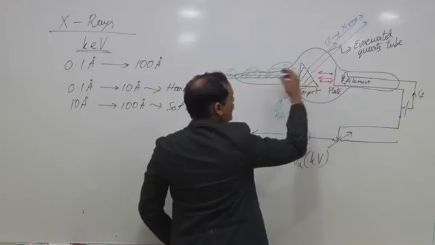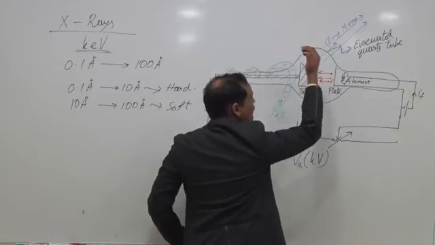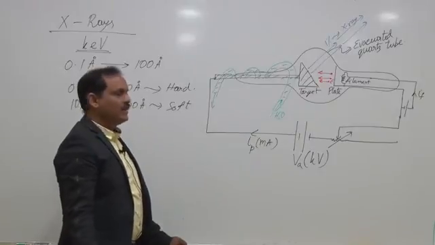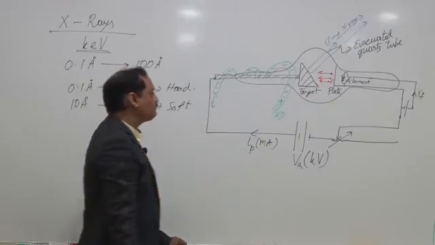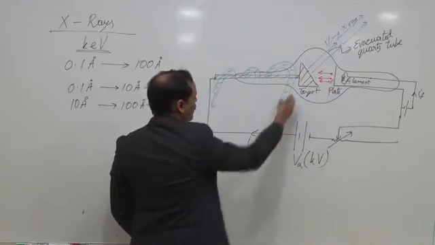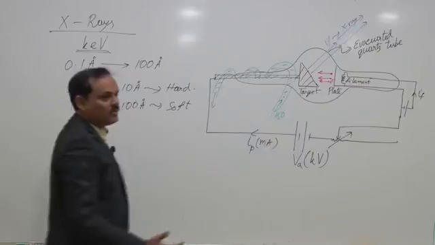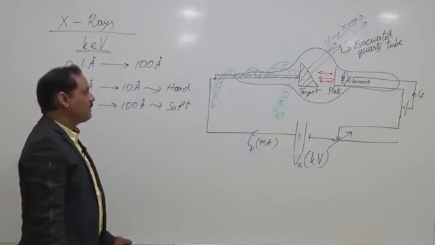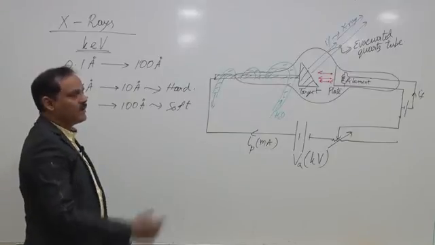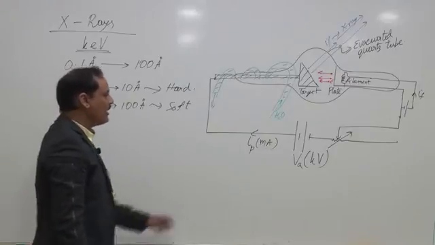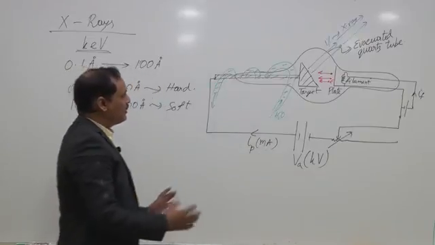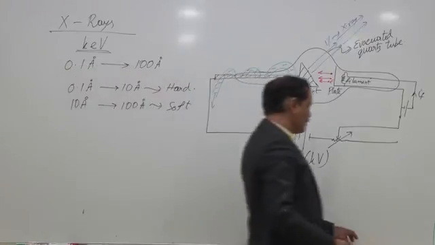Due to this loss, X-ray is produced. 1% of their kinetic energy is converted to X-ray, 99% to heat. To prevent the melting of the target, cold water is flown through the target to take away the heat. Due to flow of electrons between plate and target, there is a current from target to plate, called plate current, generally kept of the order of milliampere. This is how X-ray is produced.